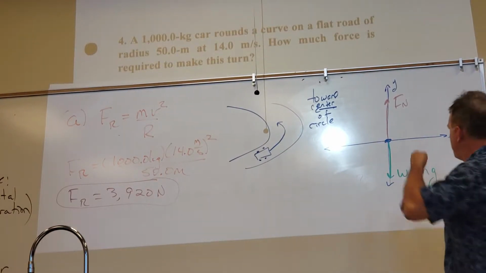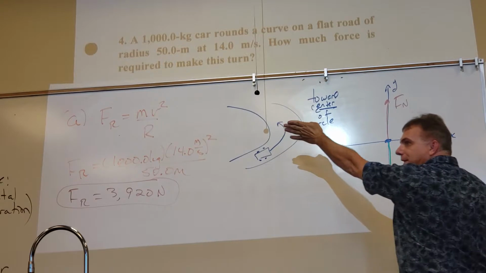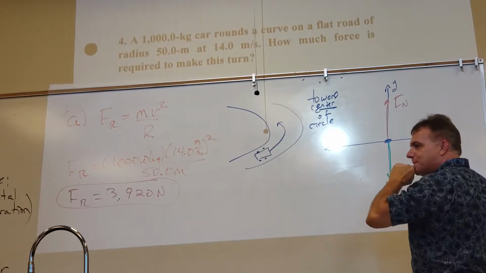So we're looking at the back of the car, and it's going to turn like that. So, which way does friction go?